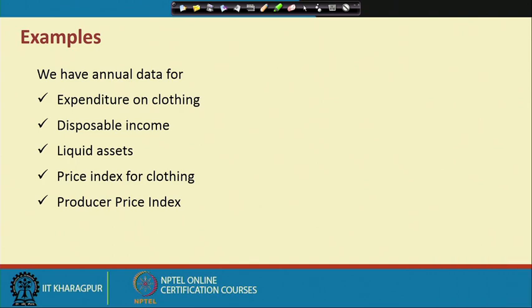In this context, the problem has five variables: expenditure on clothing, which is the dependent variable, followed by the independent variables disposable income, liquid assets, price index for clothing, and producer price index. So, what are we supposed to do?